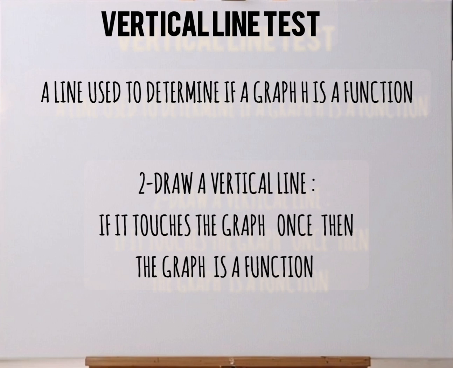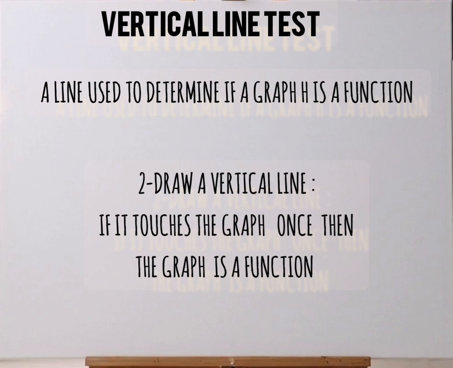To check, you just draw a vertical line. If that line touches the graph once, then the graph is a function. But if it touches the graph twice or many times, then that graph is not a function.